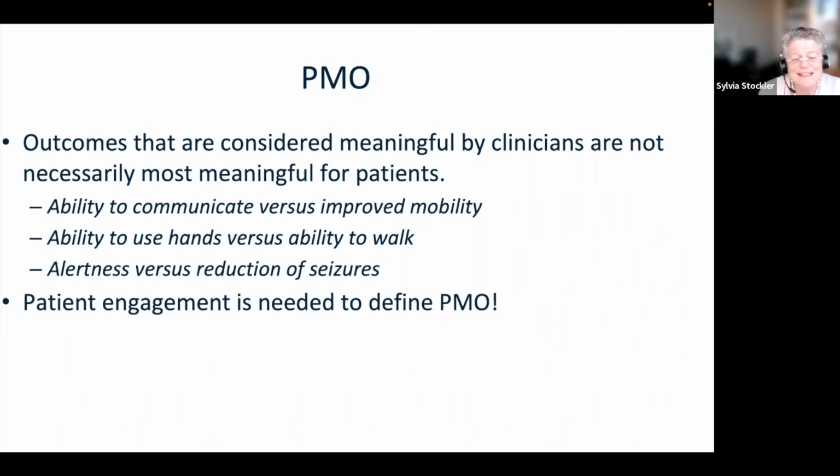But then, listening to parents and also to patients, they said, I don't really mind if I have a little bit better ability to walk. More important for me is that I can use my hands, because I want to use my iPad. I want to use all these tools with my hands. So that was a very interesting lesson that was learned a couple of years ago with these clinical trials for Duchenne's muscular dystrophy.